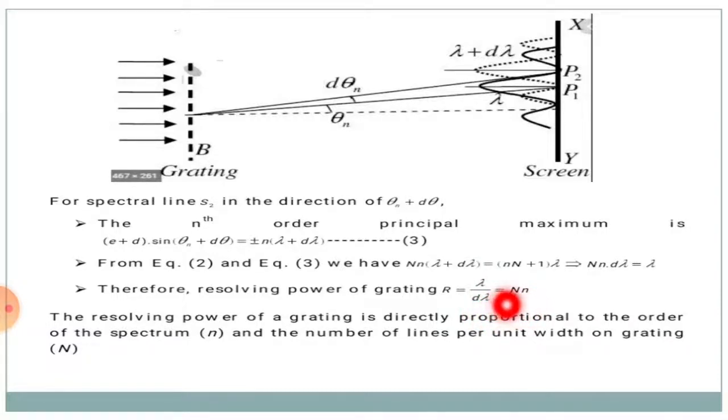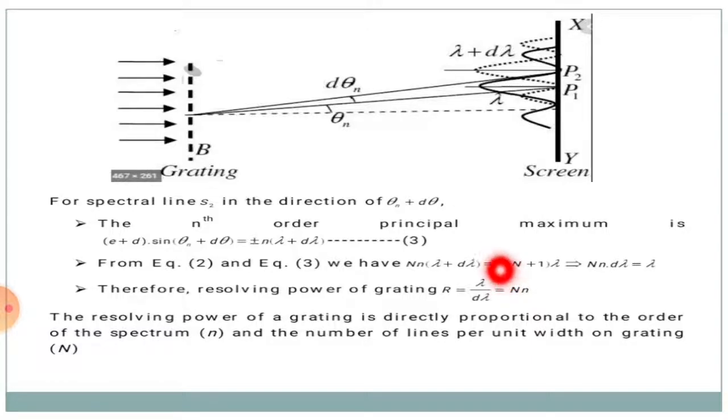Here capital N represents the number of lines or number of grating elements per unit width of the diffraction grating, and small n represents the order of the maxima. Here the resolving power of the grating is always directly proportional to the order of the maxima small n and the number of lines or grating elements per unit width of the diffraction grating.